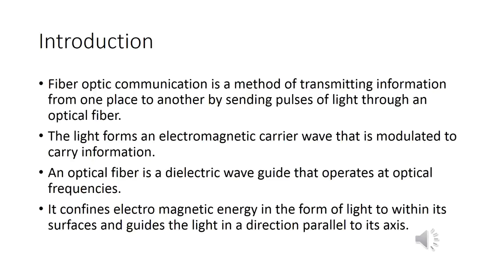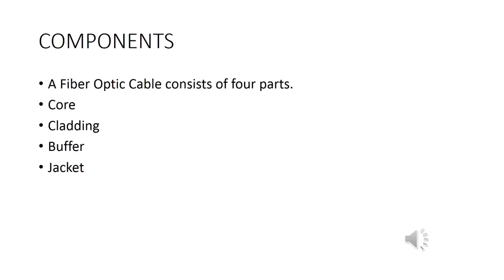It confines electromagnetic energy in the form of light within its surfaces and guides the light in a direction parallel to its axis. The fiber optic cable is made of high quality glass made up of silicon, or plastic, and it is flexible.